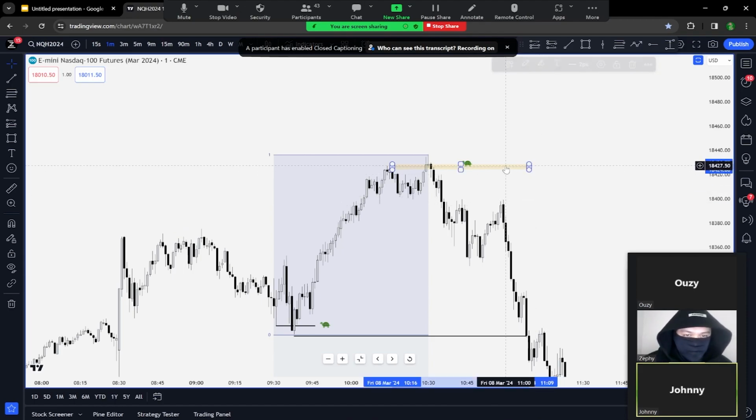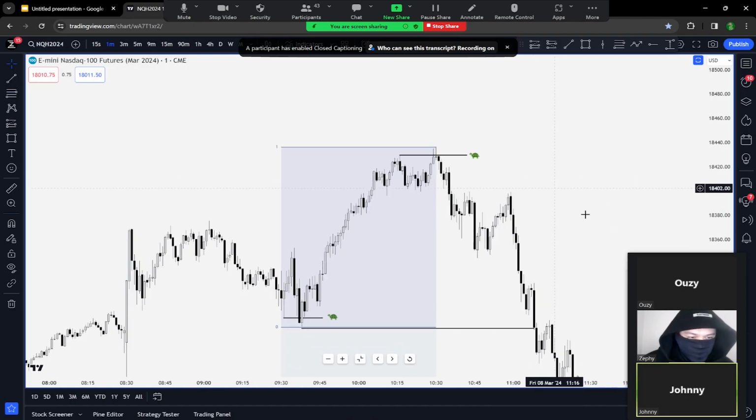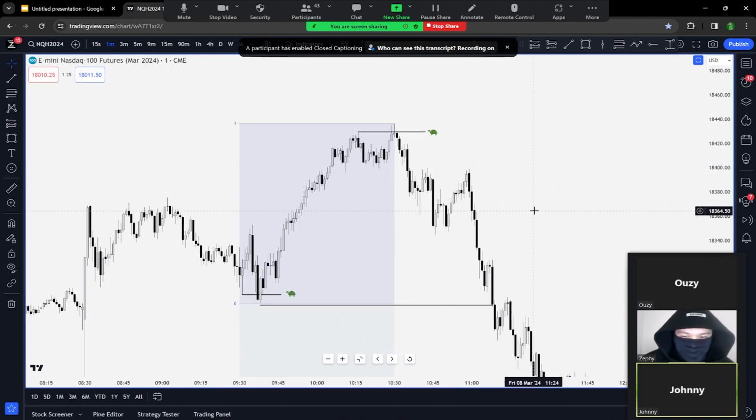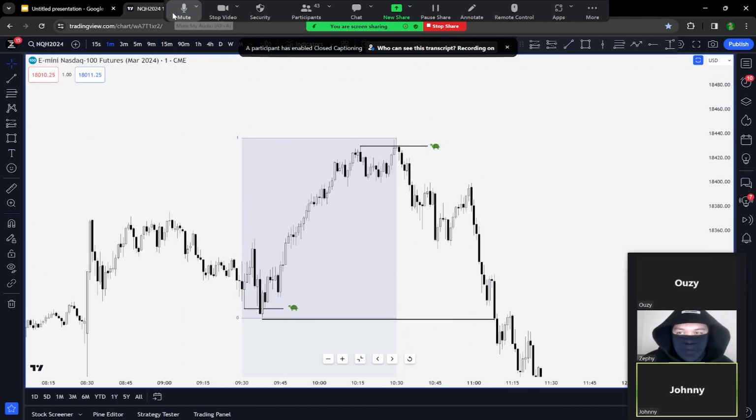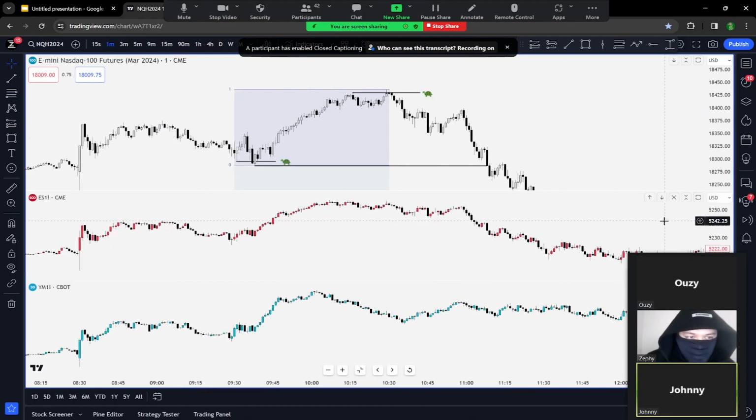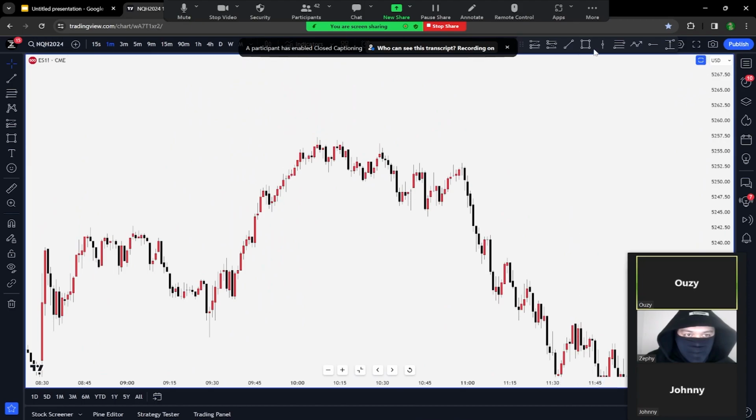But that is more advanced than I can go over in this free presentation. On ES, there is a pretty good one, where that SMT is occurring, the rejection block.